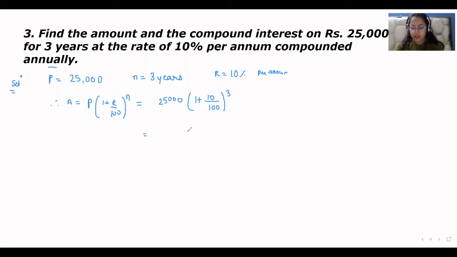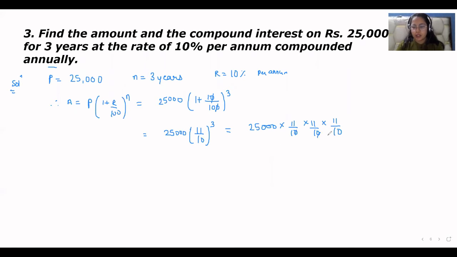So we'll solve it. After eliminating the 0 by 0, it becomes 10. 10 plus 1 is 11. So 25,000 times 11 over 10 to the power 3. We can solve it as 25,000 times 11 over 10 times 11 over 10 times 11 over 10.